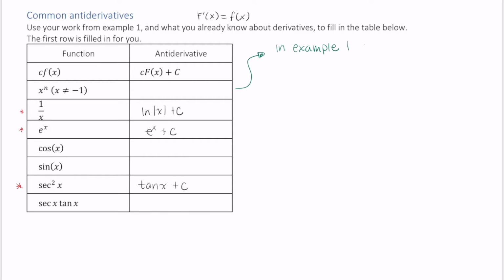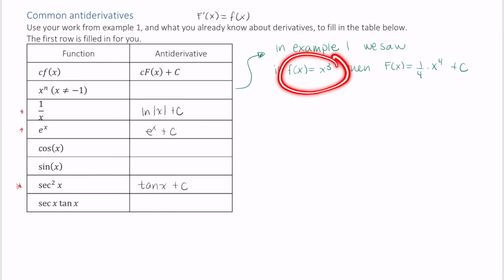In example 1, we saw that if f of x equals x cubed, then big F of x equals 1/4 times x to the 4th plus c. So the antiderivative of little f, which is x cubed, was big F, which was 1/4 times x to the 4th plus c. So let's take a moment and examine what happened here.